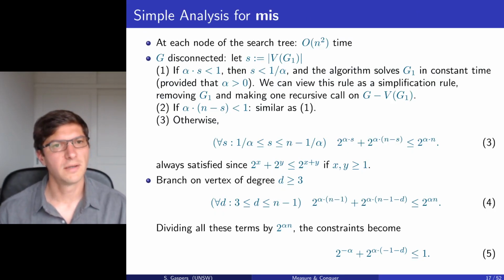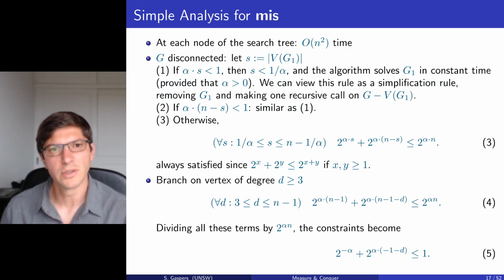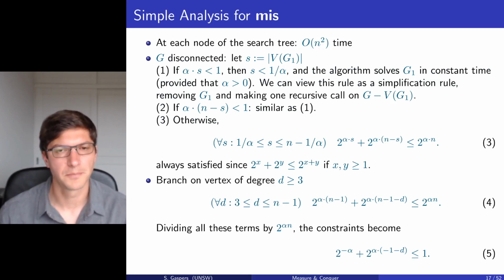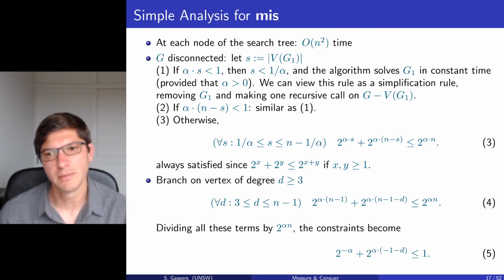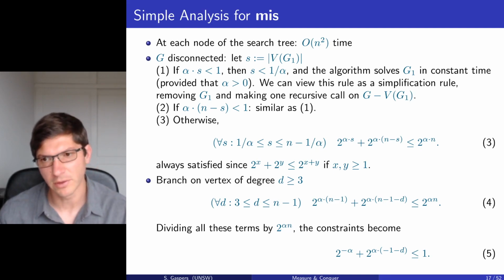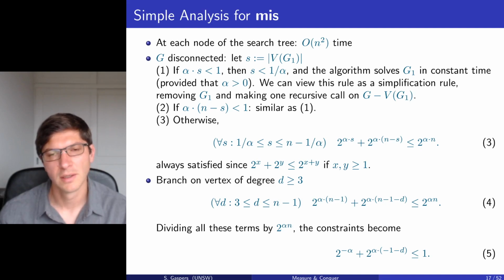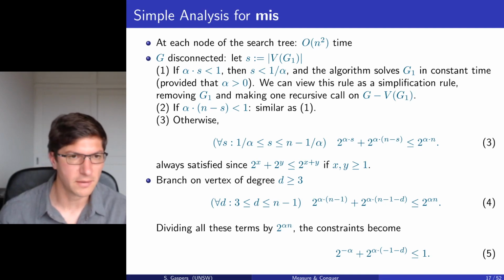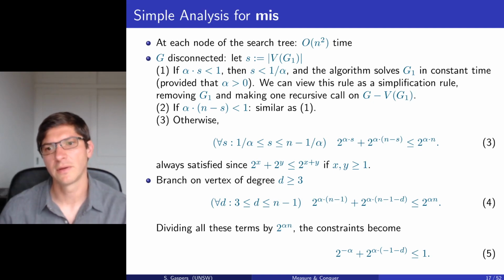So let's apply this simple analysis to our algorithm for maximum independent set. So what does the algorithm do at each node of the search tree? It checks whether the maximum degree is at most 2, and so it solves the problem in polynomial time. It checks whether there's a degree 1 vertex.